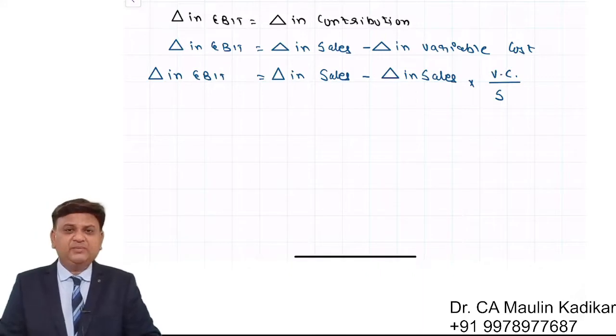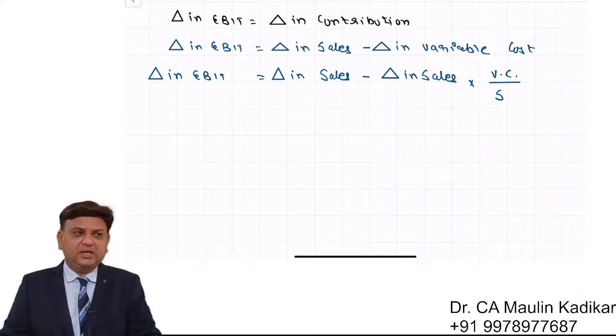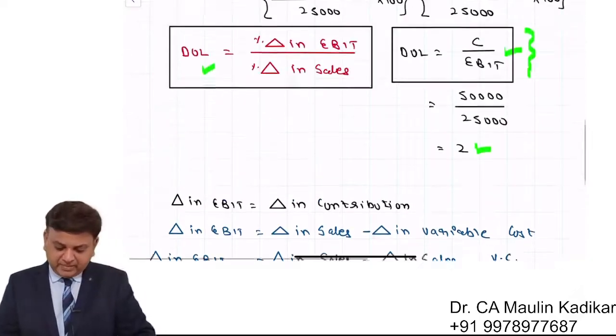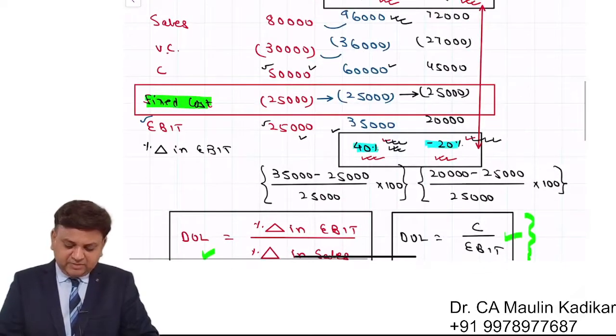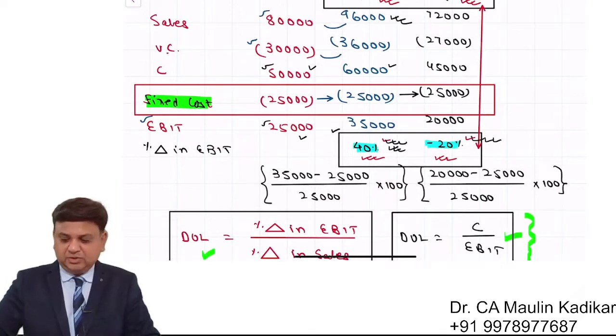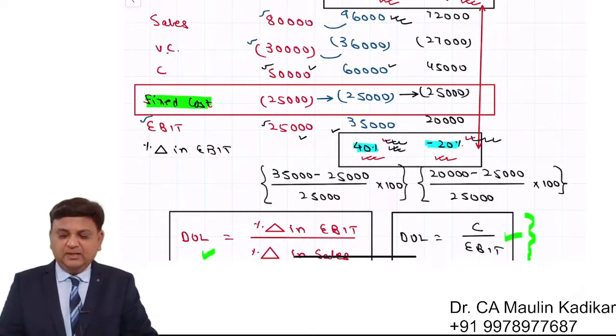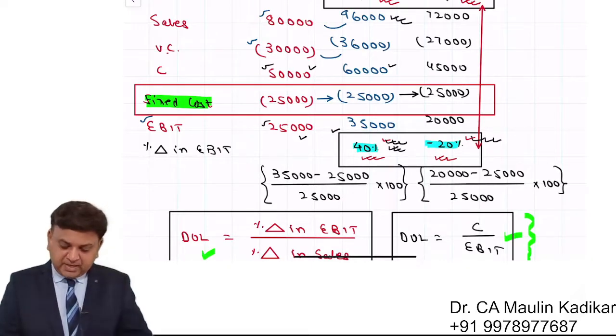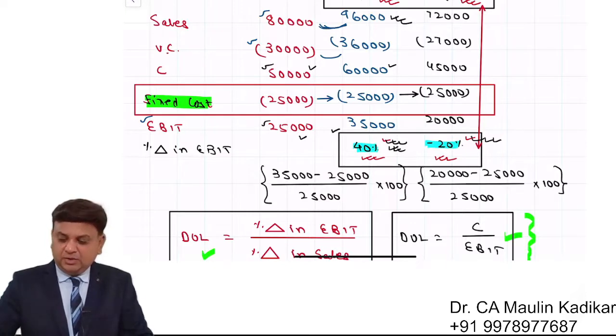Dear students, variable cost upon sales is indicating variable cost to sales ratio. Right now the variable cost is 30,000 and sales is 80,000. So 3 upon 8, that comes to 37.5%. Sales increases by 16,000. So 16,000 into 0.375, that comes to exactly 6,000.